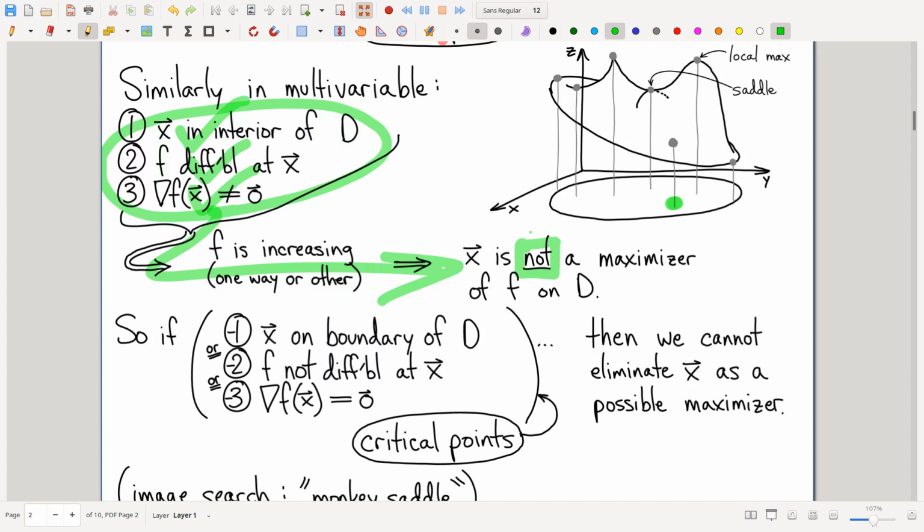Now, in this case, it's just looking at the graph and inferring that it's as it appears to be. It would appear that if you're going away from the boundary, further into the interior here, the function is increasing there. But whatever the direction of the gradient is, the function is increasing. So definitely not my maximizer.